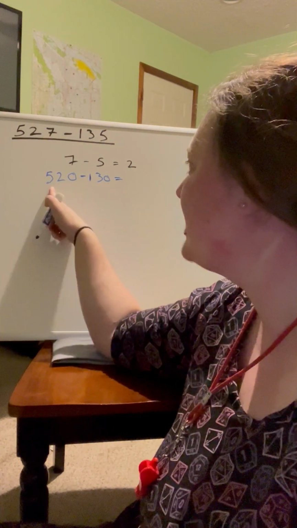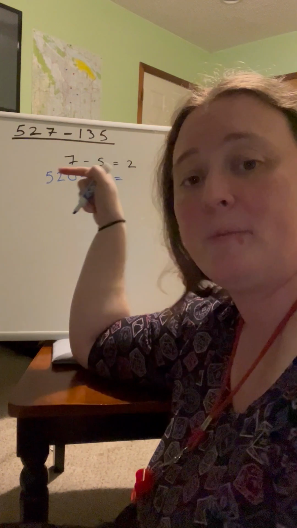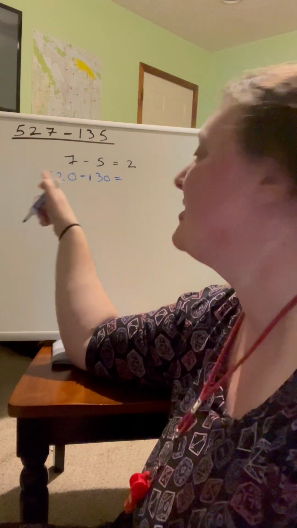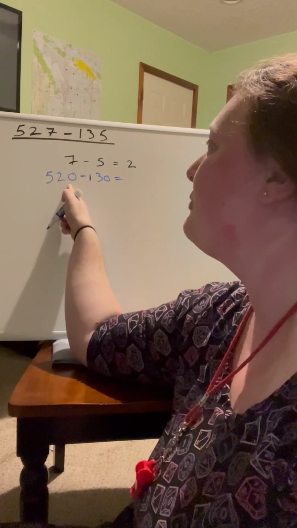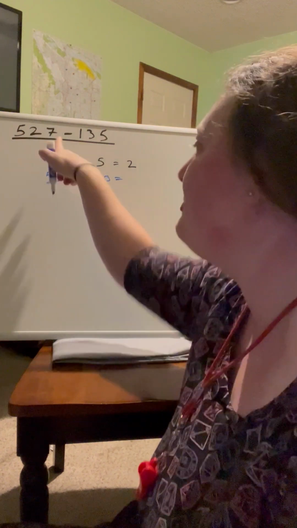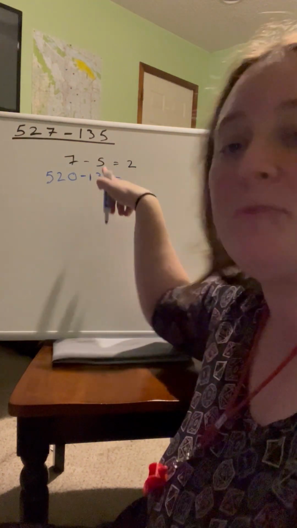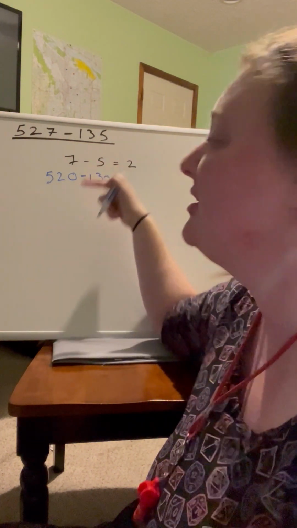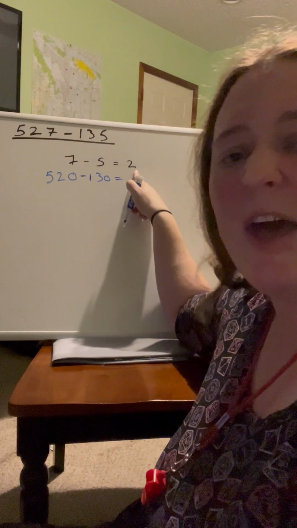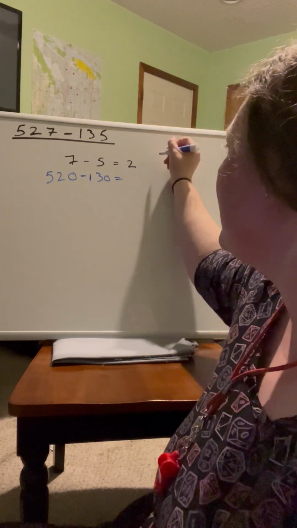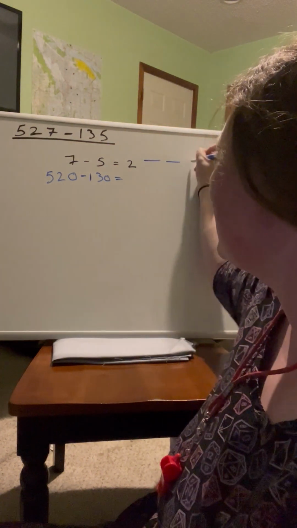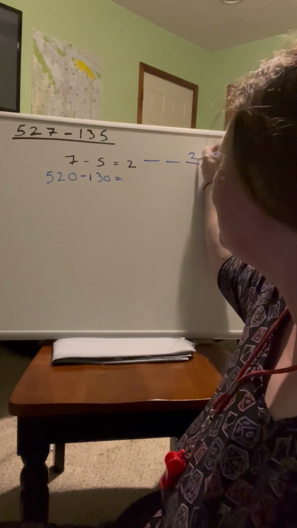We have taken care of our 7 and our 5. And we know that this last digit here, if we bump the 7 up there, bump the 5 up there, or drop them down, we've got our 2. And what we're going to end up with is blank, blank, 2.